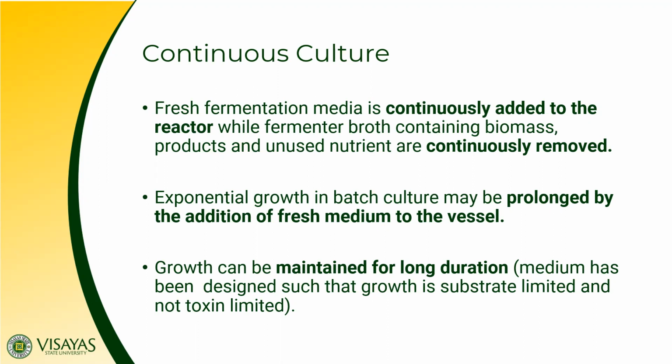In the fed batch process, there's a continuous adding of the nutrients, while there is no separation of the unused nutrients, while in the continuous culture, there is a constant rate of adding of fermentation media, and also continuously removing of the unused nutrients. So the microorganisms will not undergo different phases because it will maximize the exponential phase, or the maximum growth rate of the microorganisms. That is why the exponential growth is prolonged in this continuous culture.